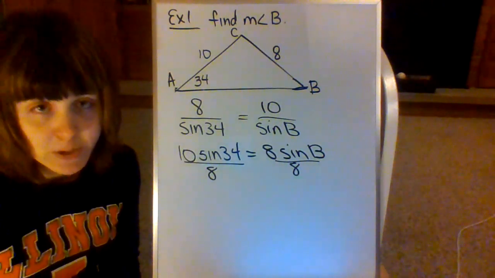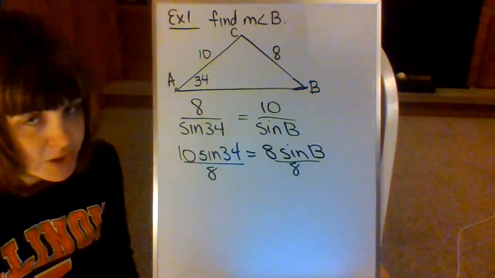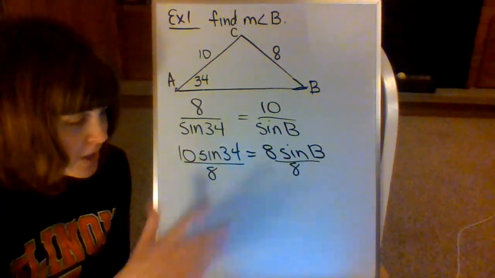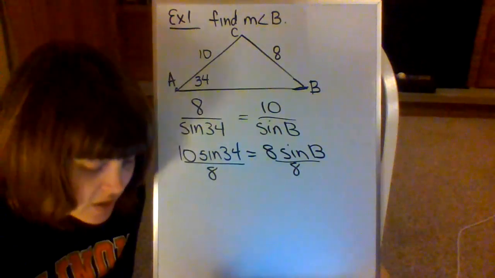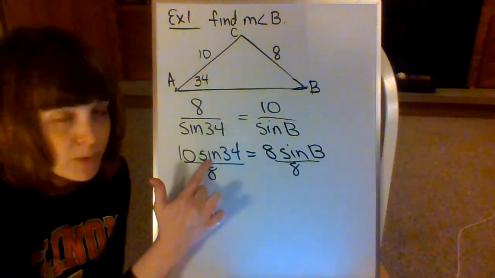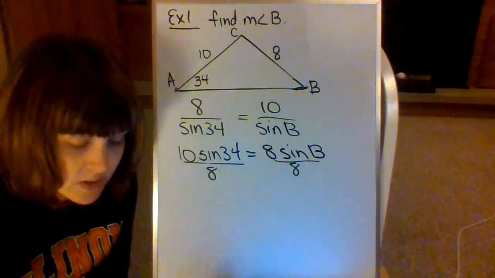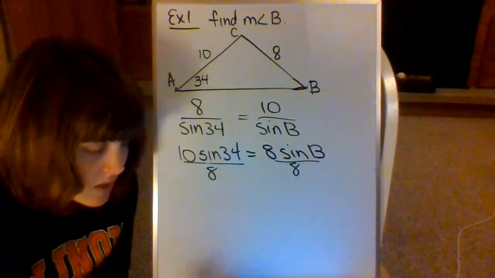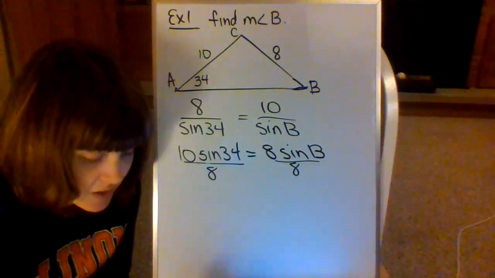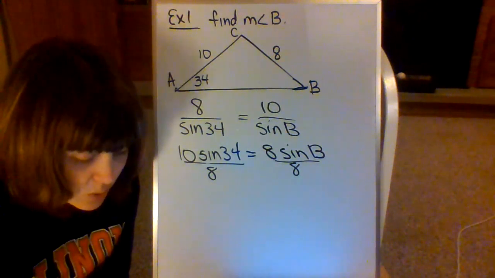Here's where we're going to get our phone calculator out. First we're going to put in 34, then press sine, times 10, divided by 8, equals.